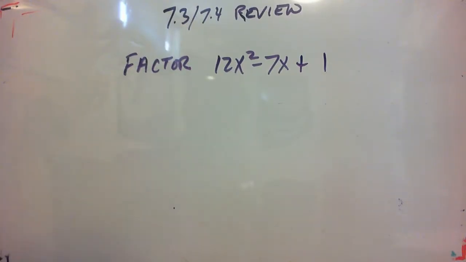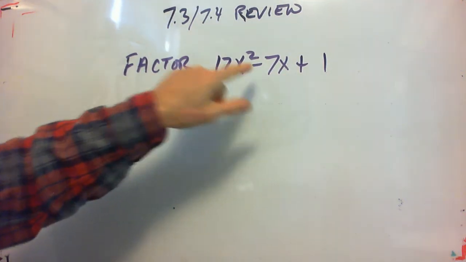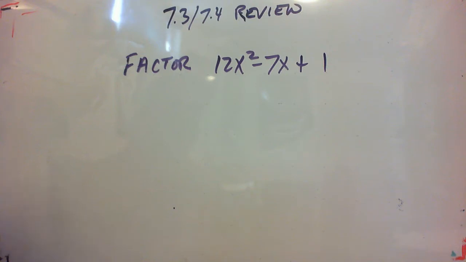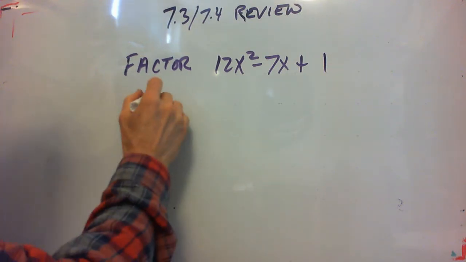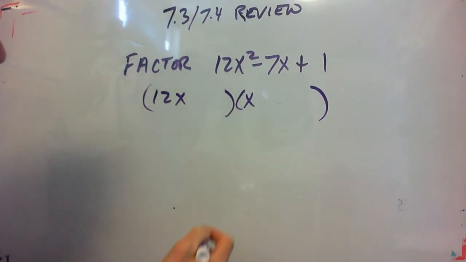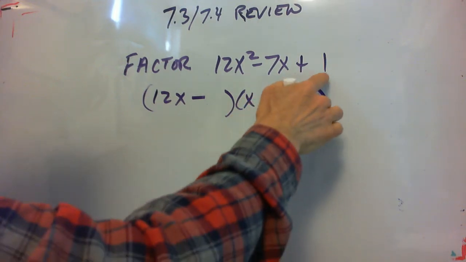Okay, the next problem we want to look at is factor 12x squared minus 7x plus 1. Now, the minus 7x is significant because when we test possibilities, let's say 12x and x, we have to have a minus and a minus to give us the positive one.